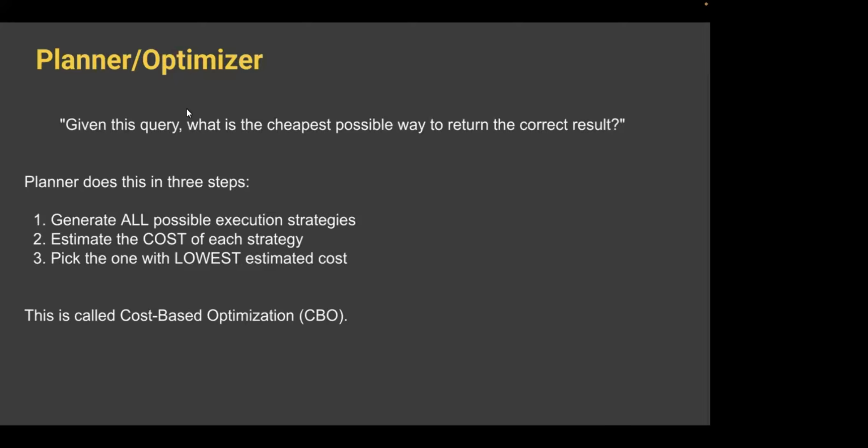This is called cost-based optimization, and Postgres has been doing this since version 7. But the key word in the planner's job is estimates. Everything that the planner does is based on estimates, and it matters because if the estimates are wrong, the plan it has chosen can be wrong, and it will propagate to all the upper nodes and slow down the entire query.